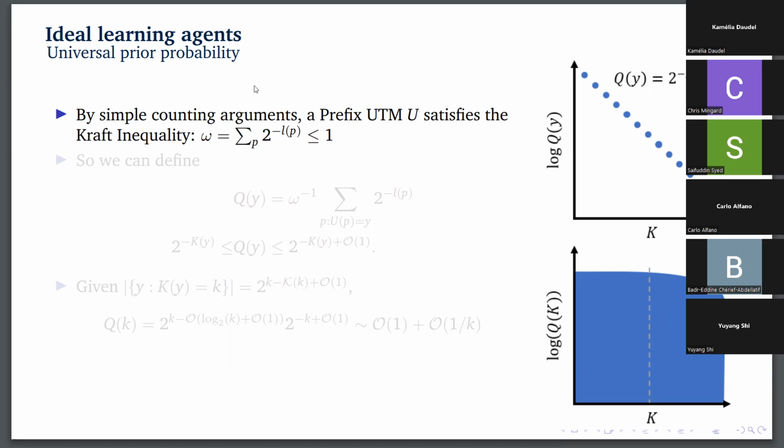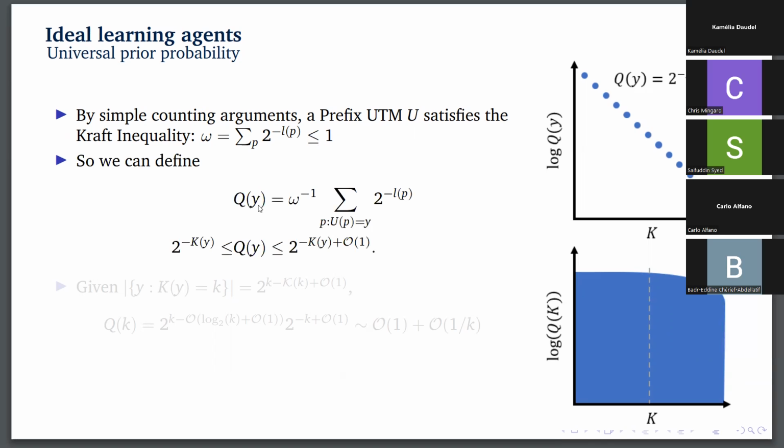Because prefix Turing machines are prefix codes, they satisfy the Kraft inequality, which means we can define a universal prior over possible output strings y using the normalization given by this expression.